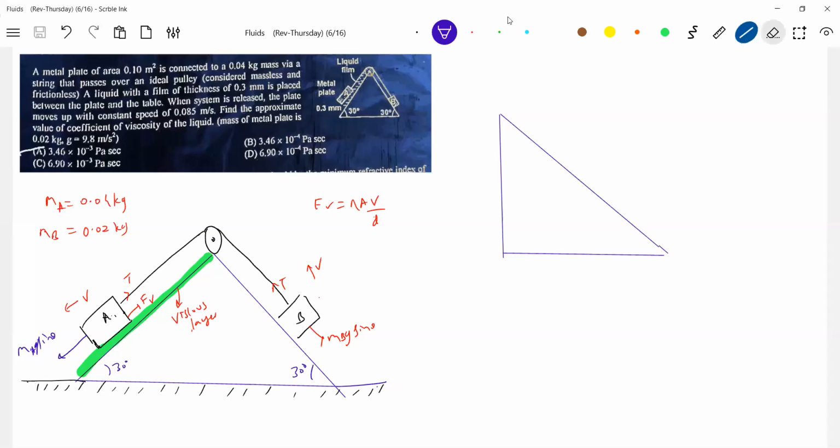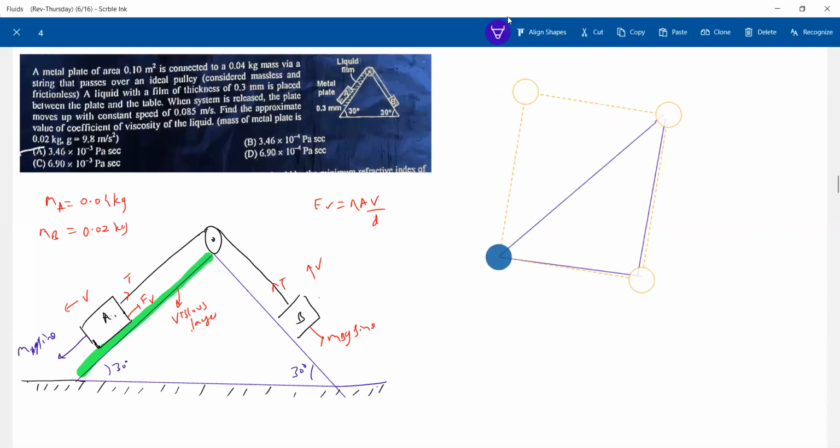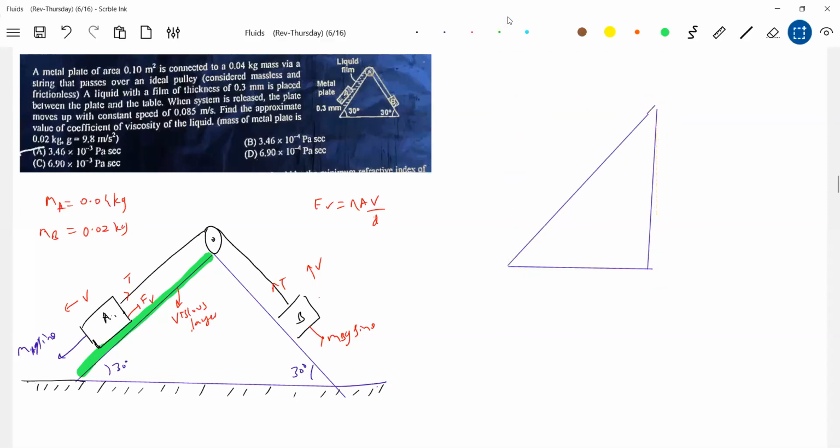Okay, if this is the block, if not any numerical, some theoretical discussion they may bring.